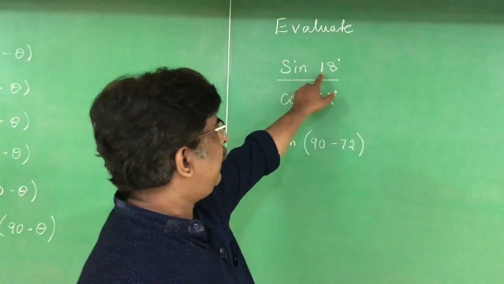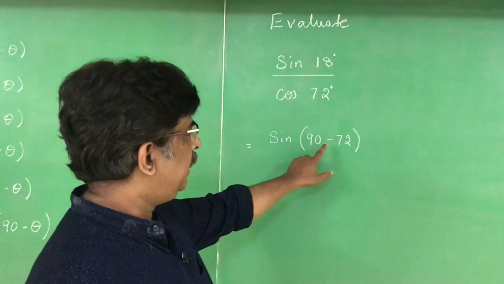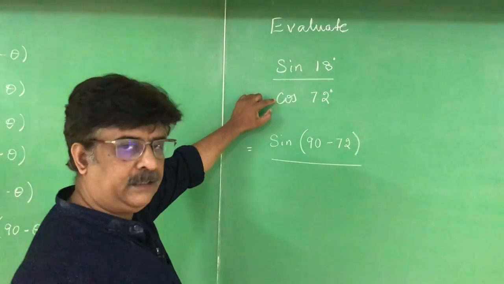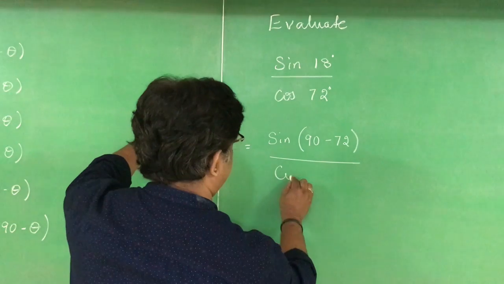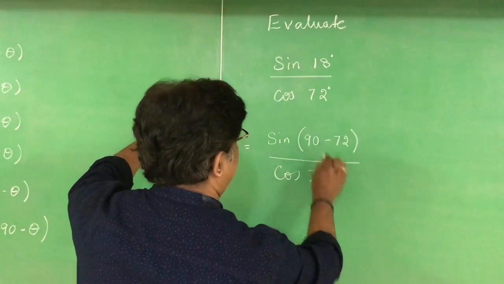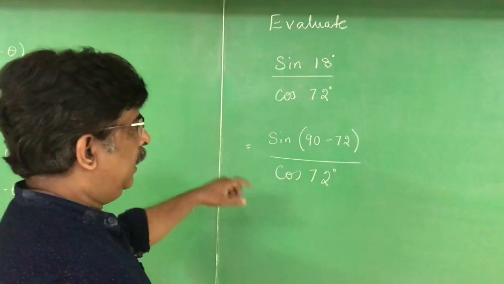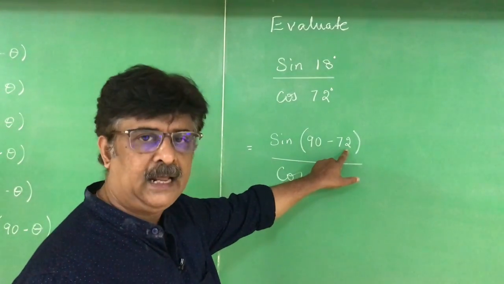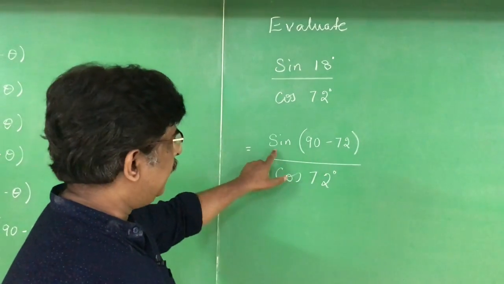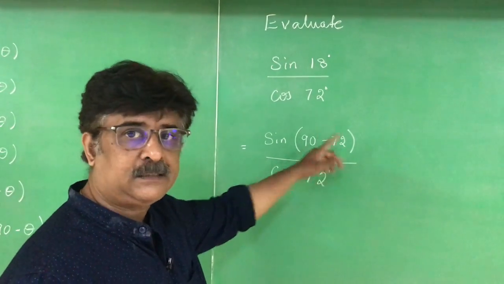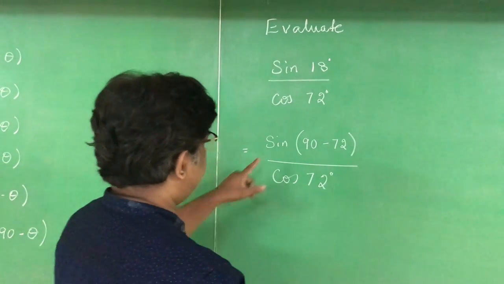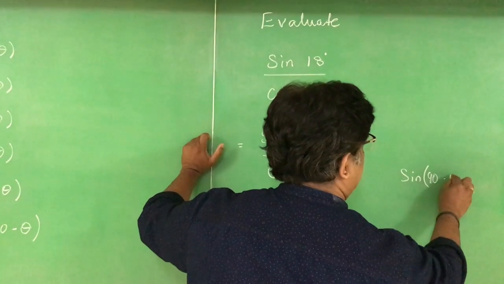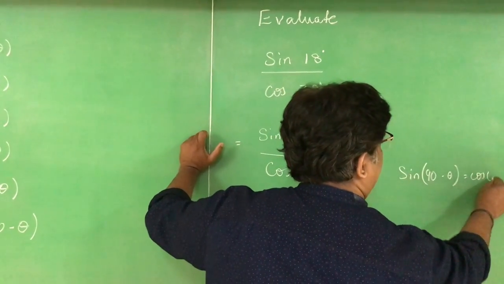Therefore, instead of 18 degrees, I write 90 minus 72, divided by, here I don't change anything, I simply write cos 70. According to the formula, sin of 90 minus theta is equal to cos theta.